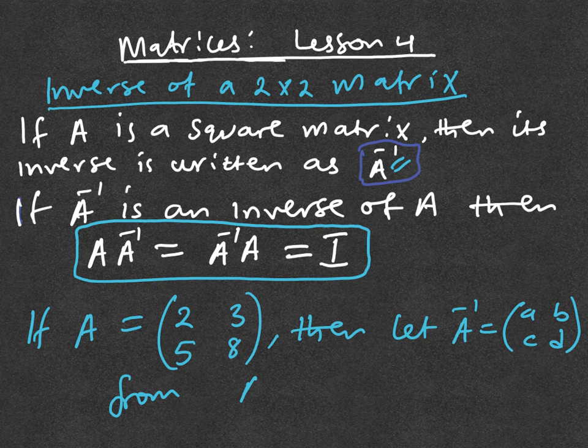If you get A and multiply by its inverse, it will always give you an identity matrix. Here the order is not so important. Even if you begin with A inverse and multiply by A, still it will lead you to an identity matrix. So you just take one. You don't have two choices. Just pick one and move with it, because the answer is going to be the same.